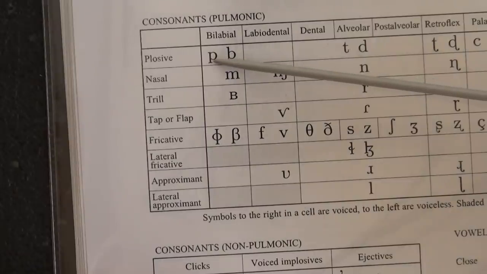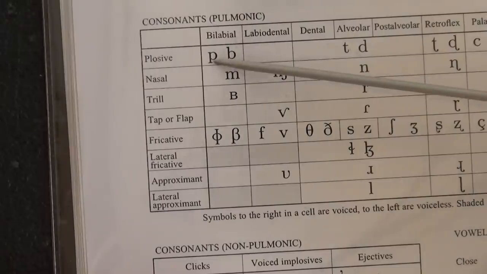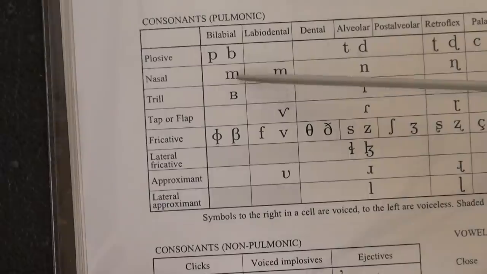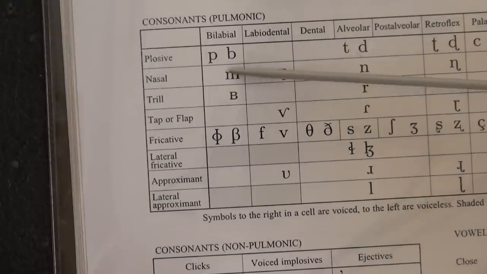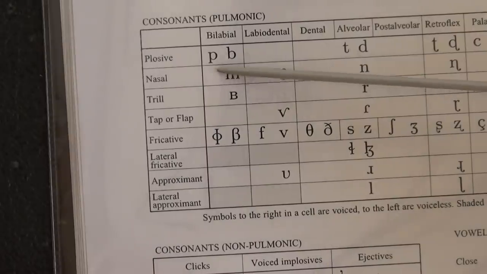You're not using the voice, and here you use the voice. So P or B. Here we have M, then you're using the voice, and you can't really pronounce this without using your voice.